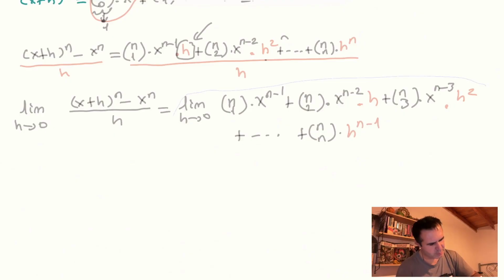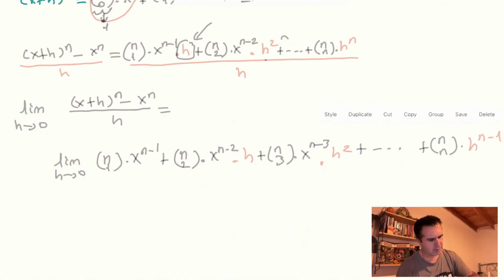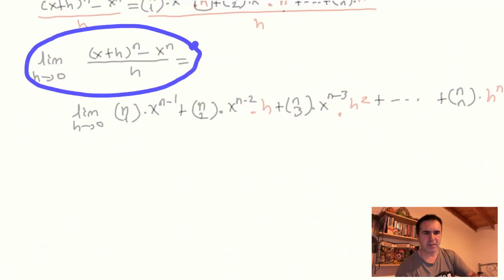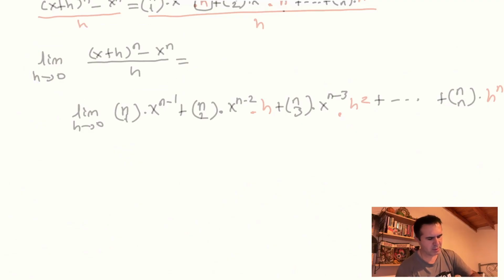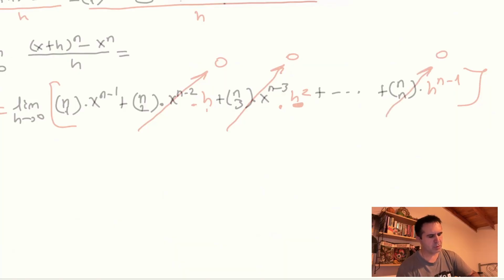Let's take this part here. You see that we want to find this part, and this is also equal to that, and h goes to 0 here. When we take the limit, h goes to 0. So because we have h here, this part will go to 0. Because we have h square here, this part will go to 0, and all the other terms go to 0.